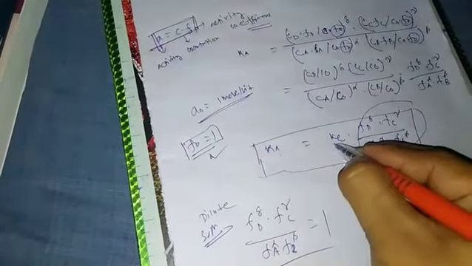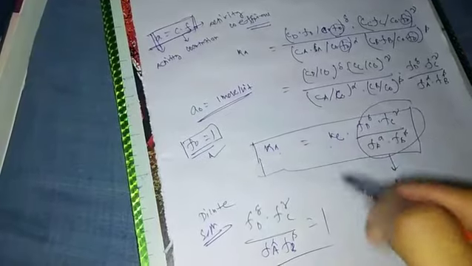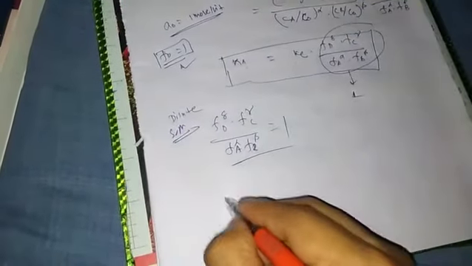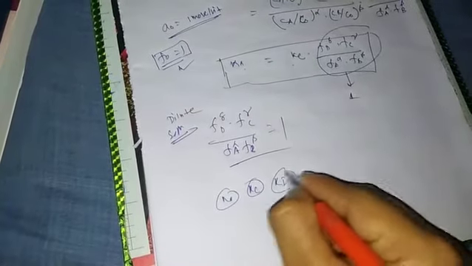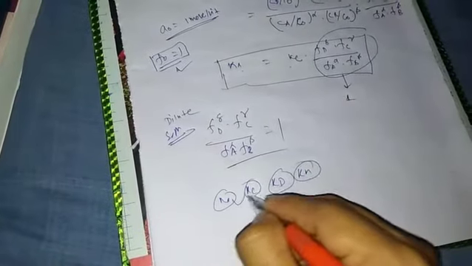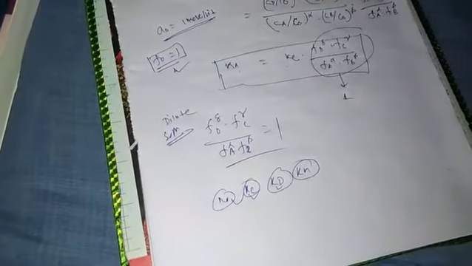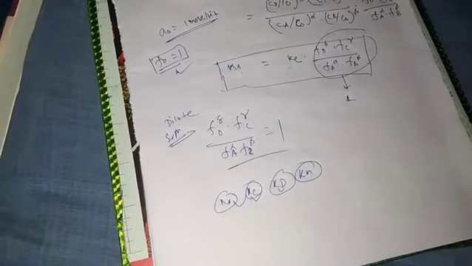So only for dilute solution Ka equals Kc. This Ka, Kc, Kp, Kx, all terms are unitless and dimensionless.